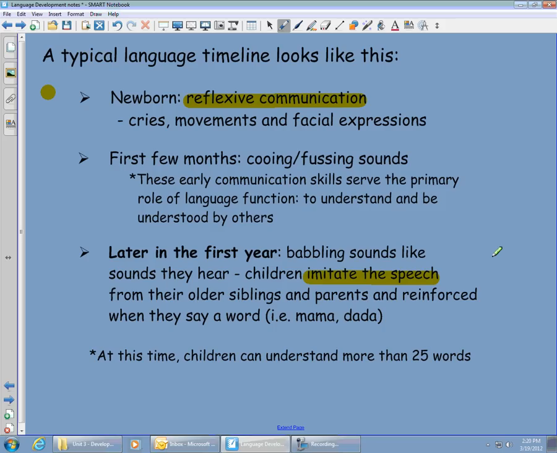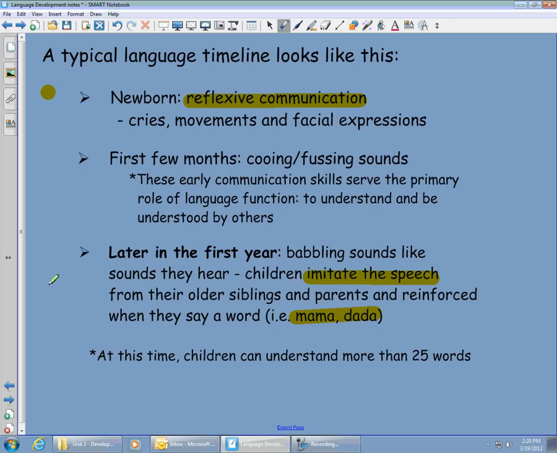What happens when a baby stumbles across some word that sounds like a word that we want them to understand? Well, if it's something like mama or dada, suddenly the parents get very excited and reinforce that behavior. So the kid says, "Oh, this is a good one. I'm going to have to repeat that again." And that's the reward that they get.